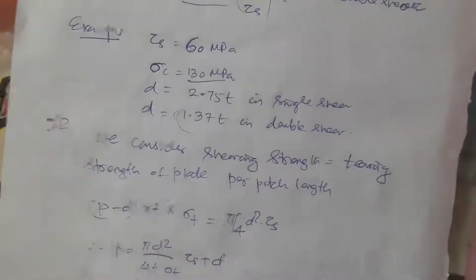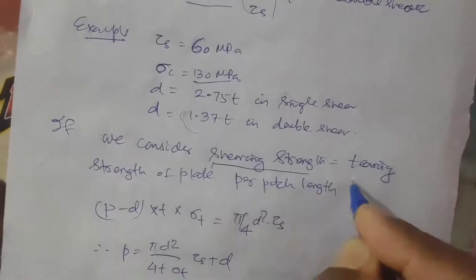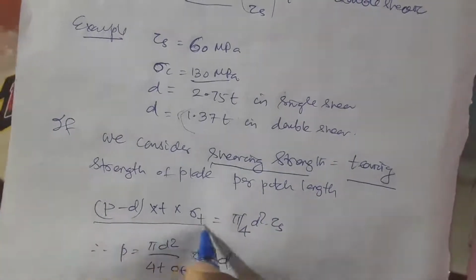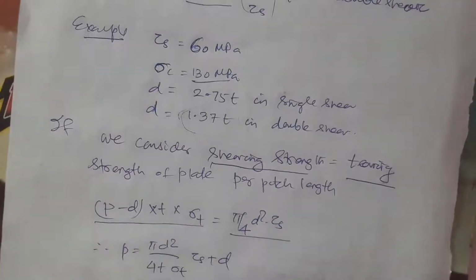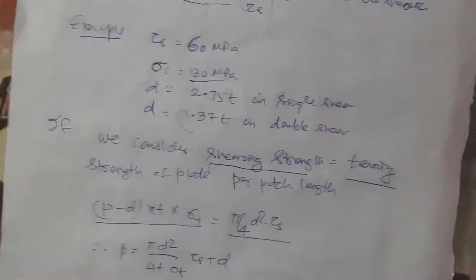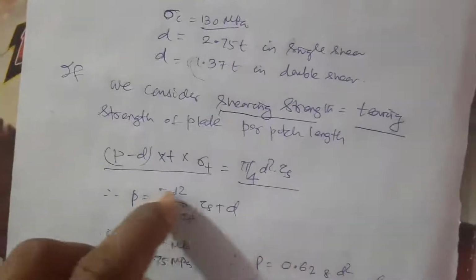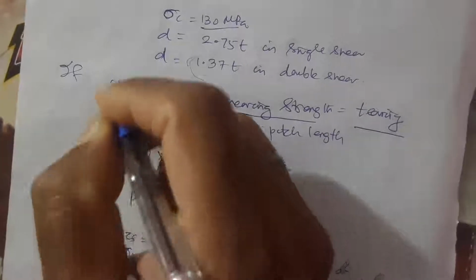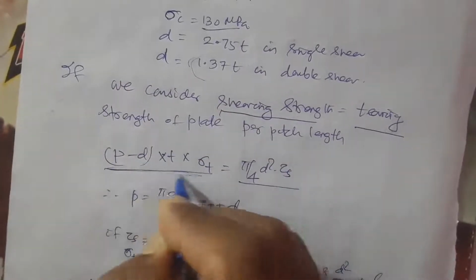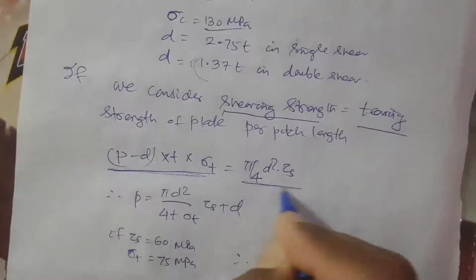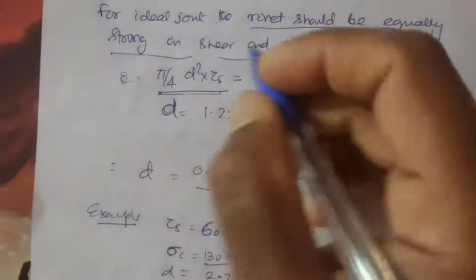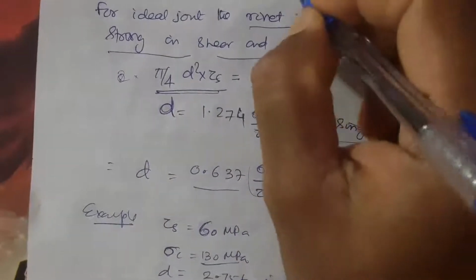If we consider the shearing strength equal to the tearing strength, that is how we find the pitch. For finding the diameter of the rivet, you have to consider the tearing strength equal to the crushing strength. So these are the two things you have to find, hole diameter and pitch.